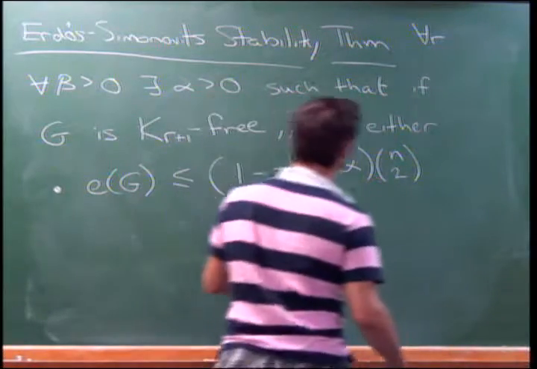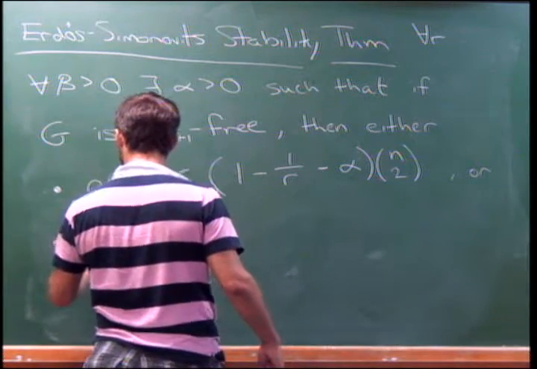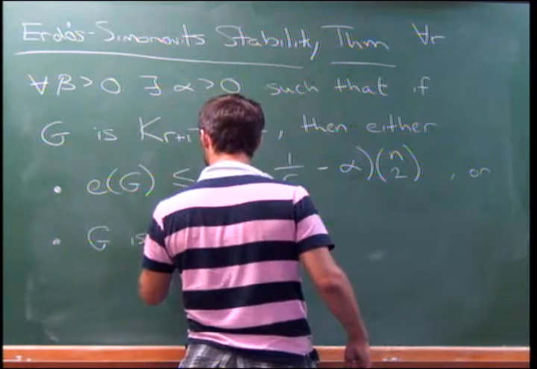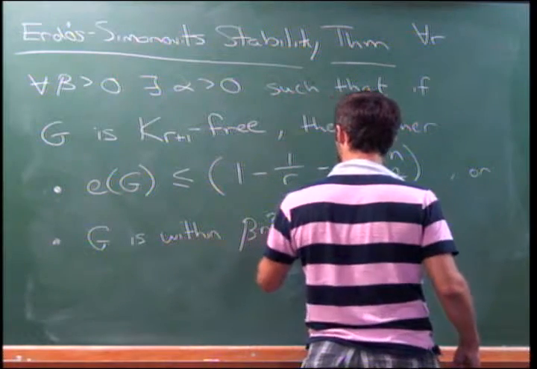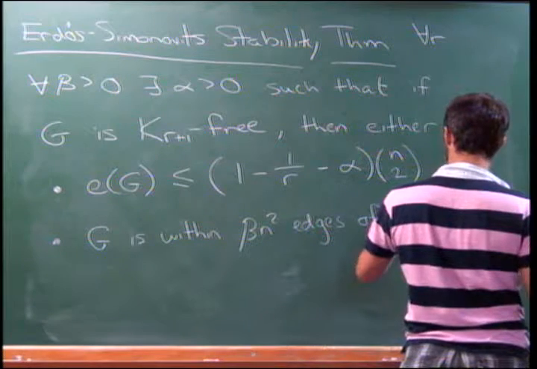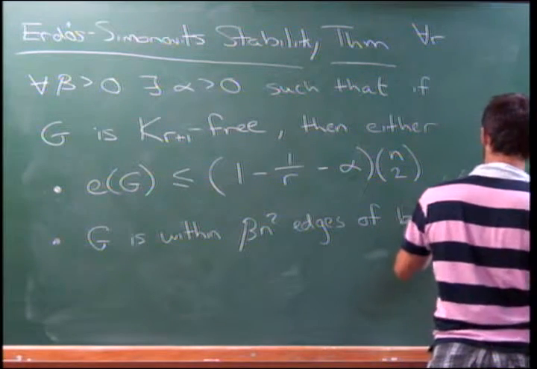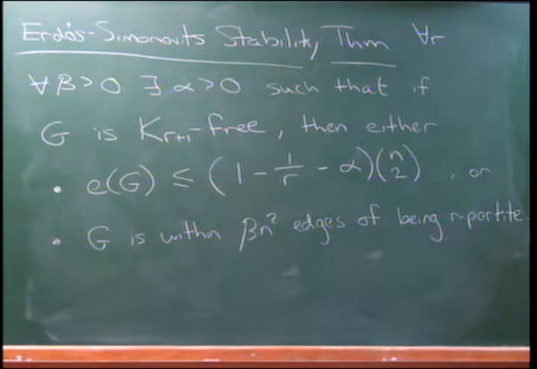Or G is within beta n squared edges of being r-partite.